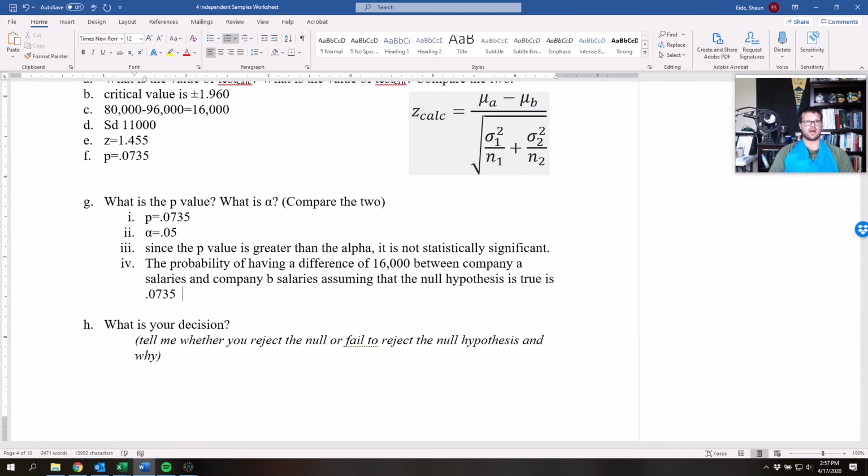Okay. So what's our decision? Tell me what the decision is. The decision is we fail to reject the null hypothesis and are unable to demonstrate that there is a difference between company A and company B starting salaries.